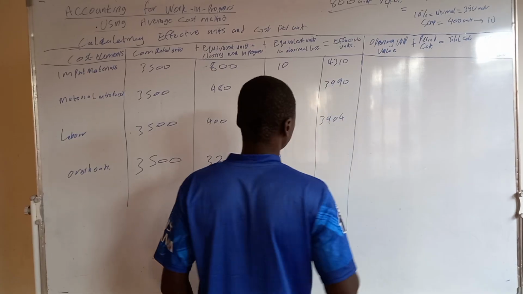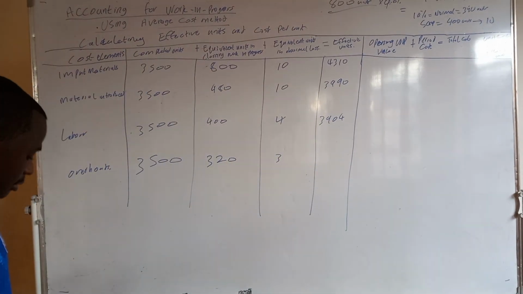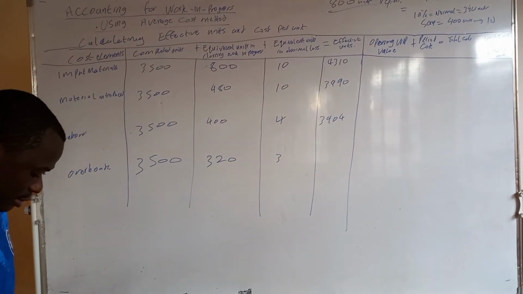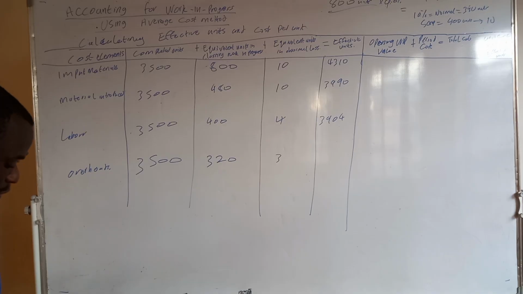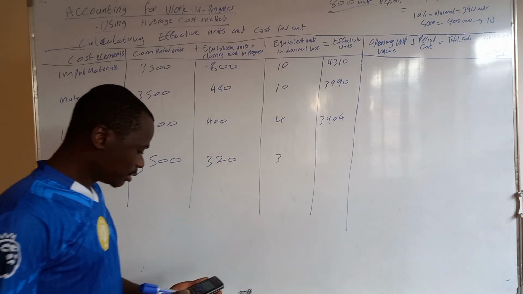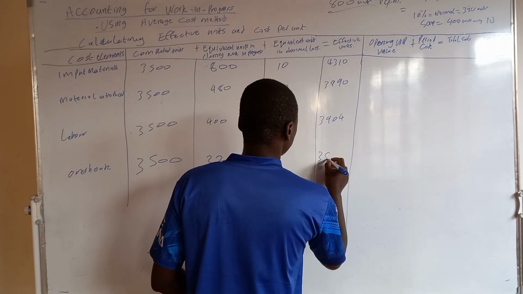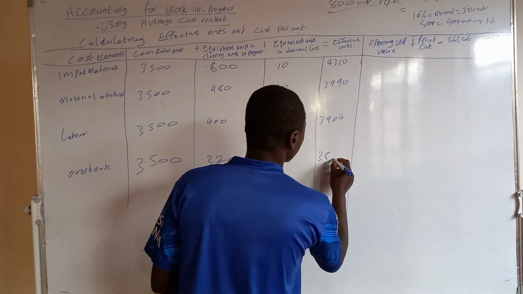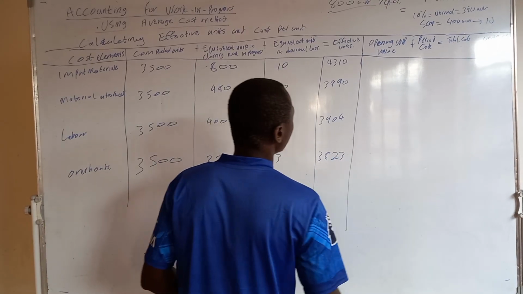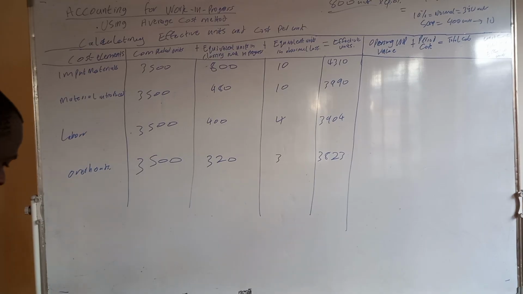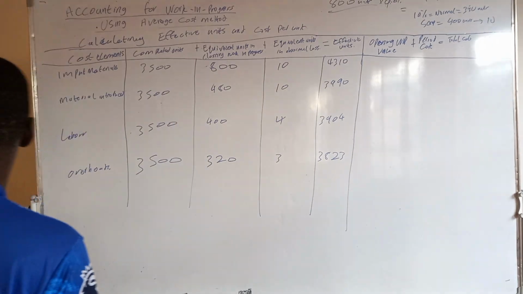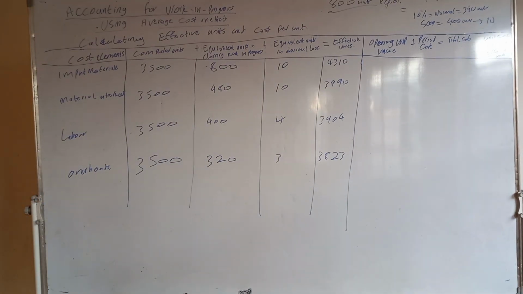Then we have overheads: 3,500 plus 320 plus 3. This is 3,823. Now, let us continue.